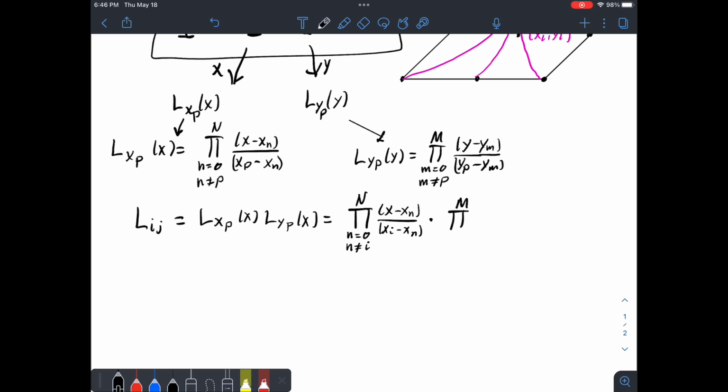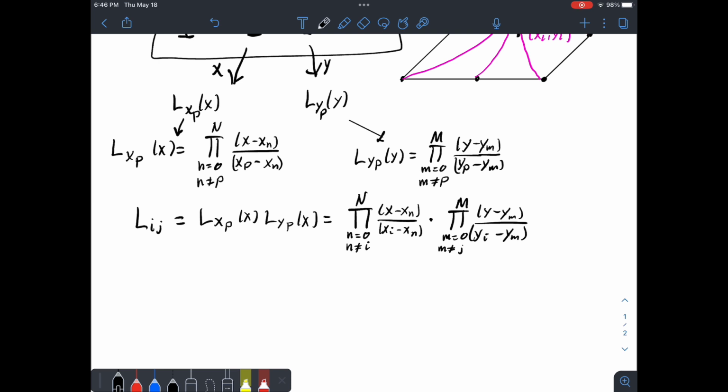So the y version of this, m not equal to j, right, because now we're talking about that one, y minus ym over yj minus ym. Okay, and there we have it.